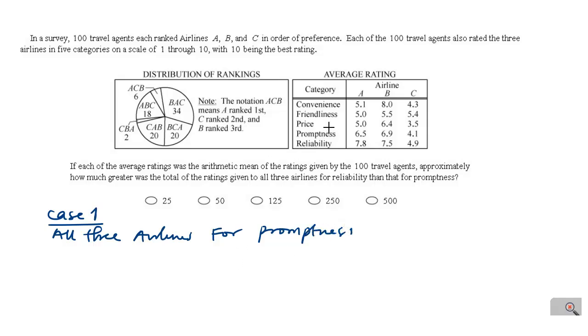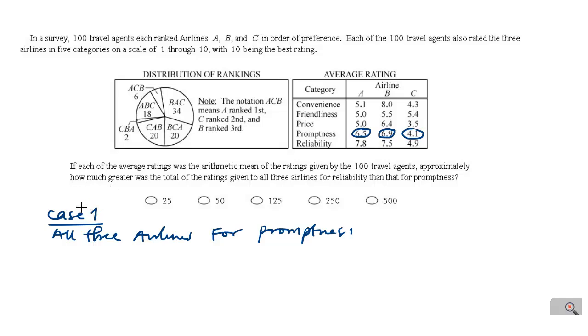For airline A, what is the average for promptness? That is 6.5. For airline B, the average promptness is 6.9, and for airline C, the average promptness is 4.1, right? And what is the total number for each of the airlines? The total number is 100.